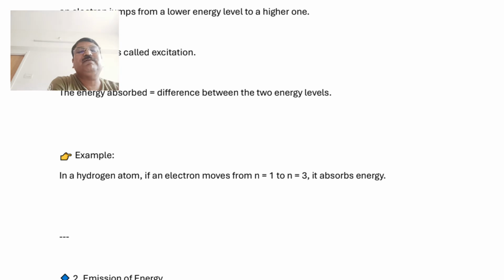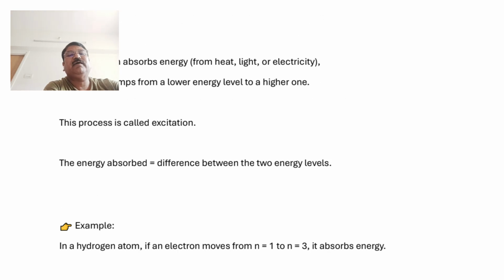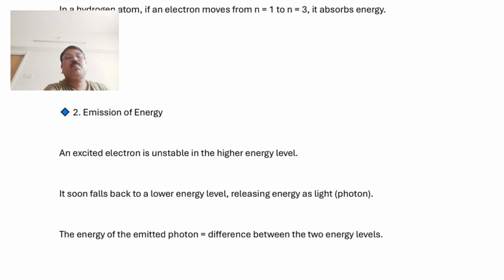We are taking another example. In a hydrogen atom, if an electron moves from n equal to 1 to n equal to 3, it absorbs energy. It has a single electron. The first energy level is n equal to 1, the third energy level is n equal to 3, and it requires some energy. In this manner absorption of energy takes place for excitation.